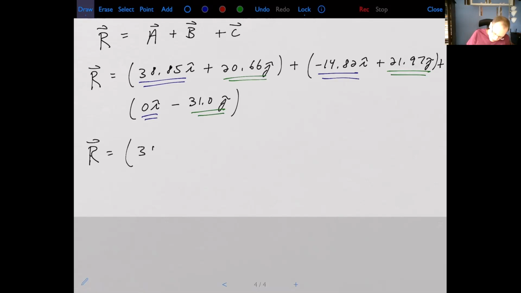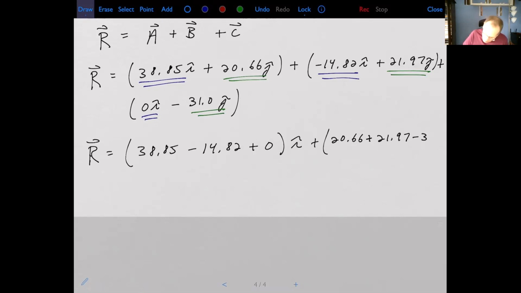So just going to do the i's, 38.85 minus 14.82 plus 0. That's i hat. And then I'll do the j's. So 20.66 plus 21.97 minus 31.00.